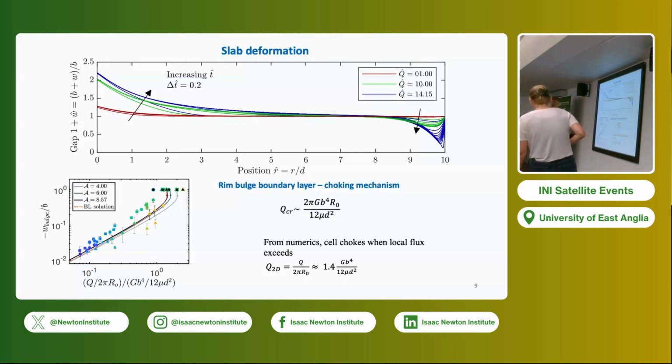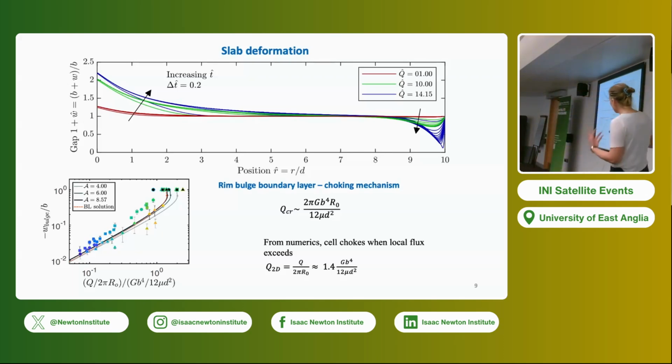And we've plotted all of this data as a function of the non-dimensional flux, which is non-dimensionalized using the critical scale that we've estimated with our scaling argument. You can see that for a while we can attain these steady solutions, but then eventually in the experiment we have a whole bunch of points, these black points, when the system has choked.